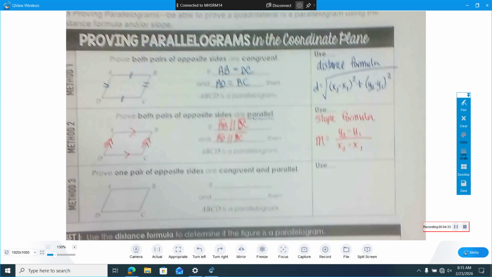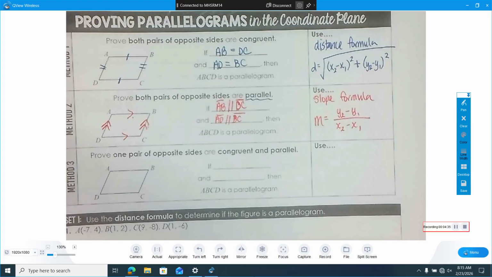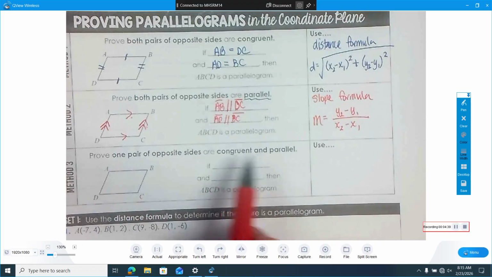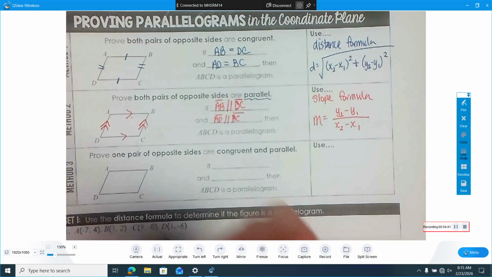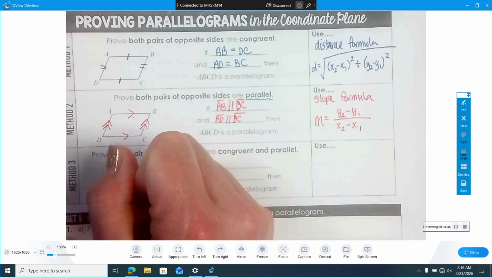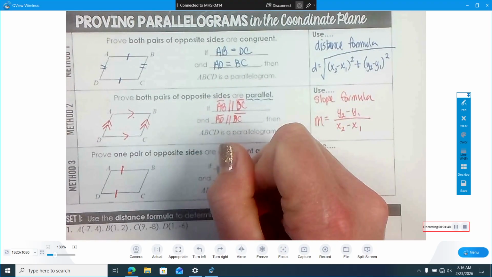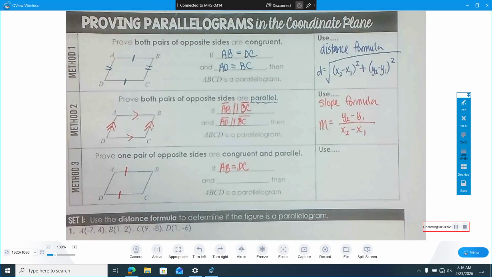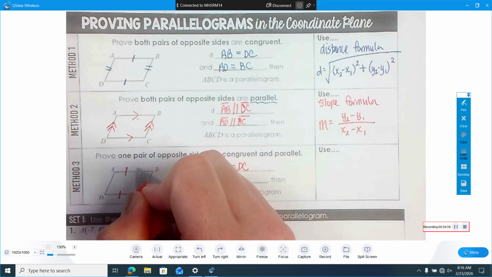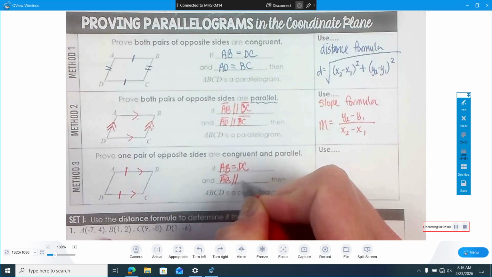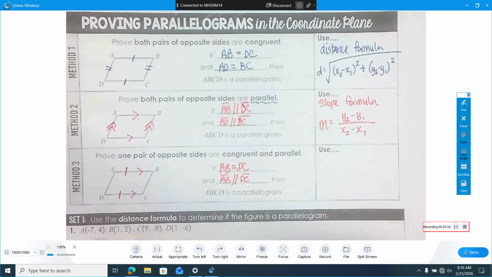All right. And then the third method is to prove one pair of opposite sides are congruent and parallel. So we can prove that not only is AB the same length as DC, but also that segment AB is parallel to segment DC.